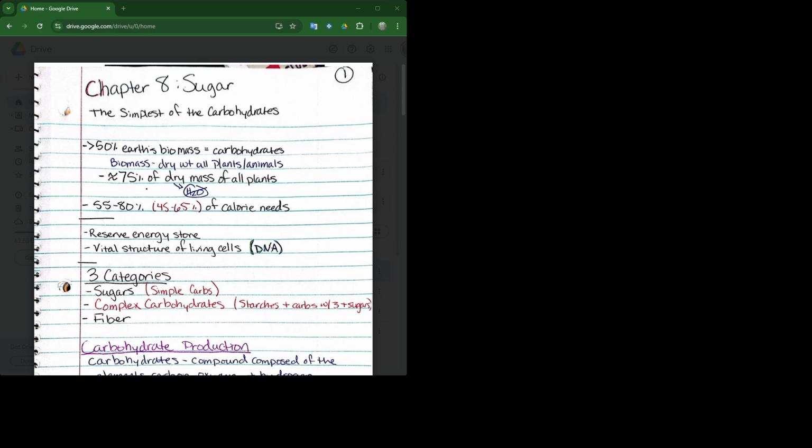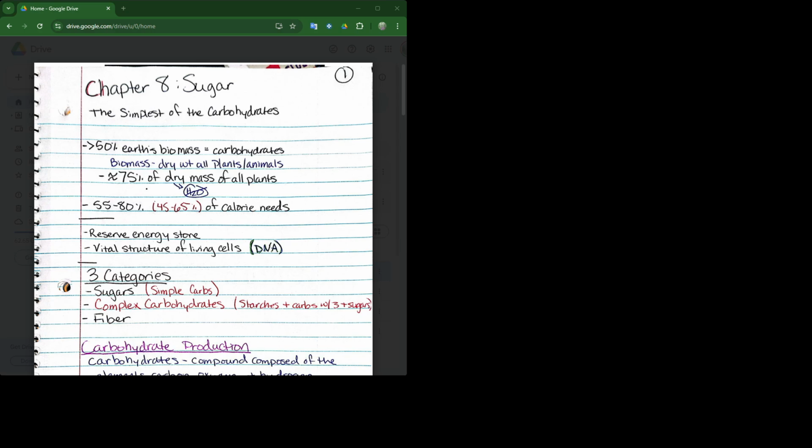Well, it's not including the water, because water itself is going to be about 75% of the mass of plants, if not more. So if I take out all the water, from what's left, carbohydrates are about 75% of the dry mass of plants, okay? And so I have a little note there that says no water, okay?